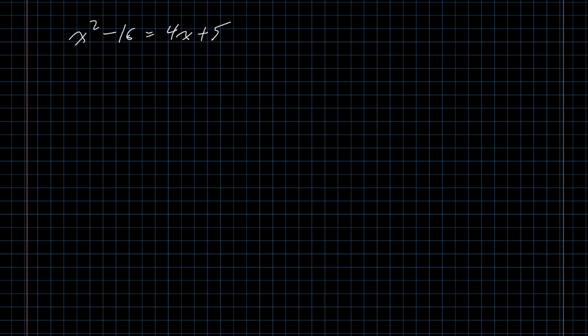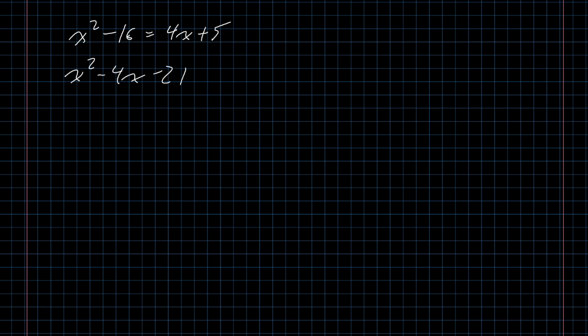The left-hand side of this equation, x squared minus 16, can be factored. It factors to x plus 4 times x minus 4 as the difference of two perfect squares. But because the right-hand side of the equation is not 0, factoring is not helpful. Instead, the first thing we have to do is rearrange the equation.